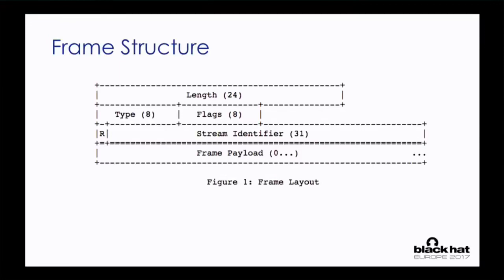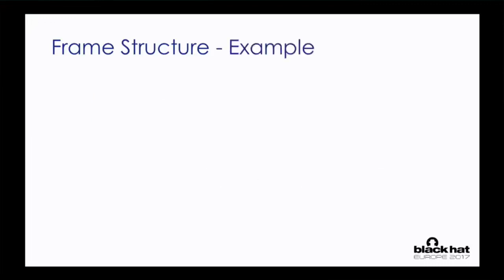Next, you have 1 byte or 8 bits that denote the type of the frame, if it's a headers frame, a data frame, and so on and so forth. Next, you have 8 bits for frame flags, another reserved bit, which currently has no functionality assigned to it, and the rest of the 31 bits would be a 31-bit unsigned integer for the stream ID.